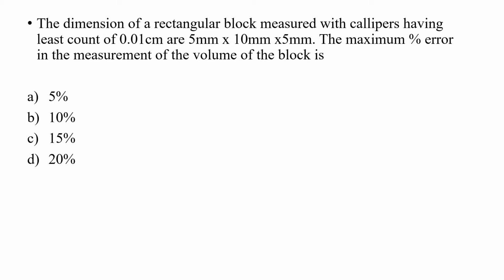That is, the dimension of a rectangular block is given as length 5 mm, breadth 10 mm and height 5 mm, and is measured with calipers having a least count of 0.01 centimeter. The maximum percentage error in the measurement of the volume of the block is dash.